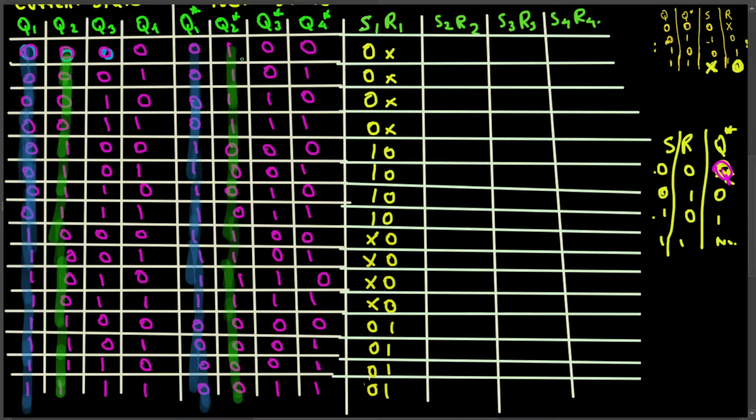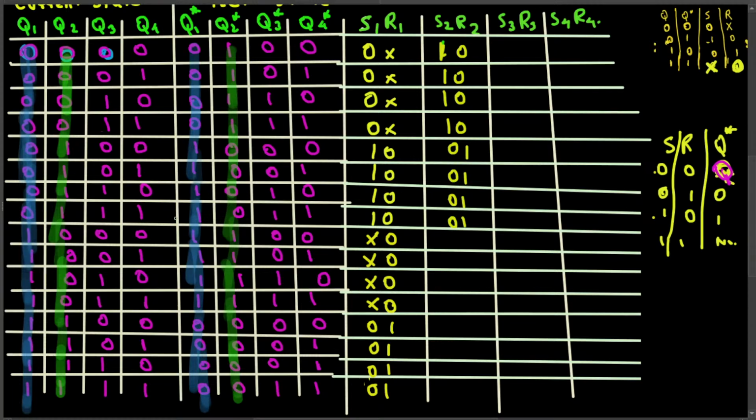So when it's 0 1, what's the truth table? 0 1 is 1 0. So this is going to be 1 0, 1 0 1 0 1 0 1 0. And then when it's 1 0, what's the truth table? 0 1 0 1 0 1 0 1.